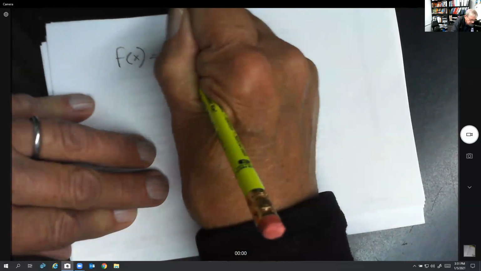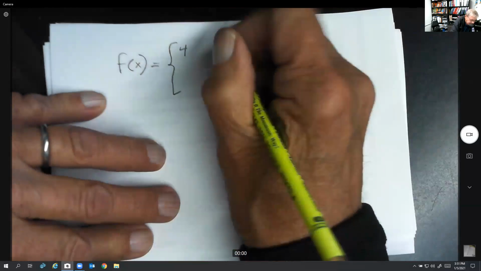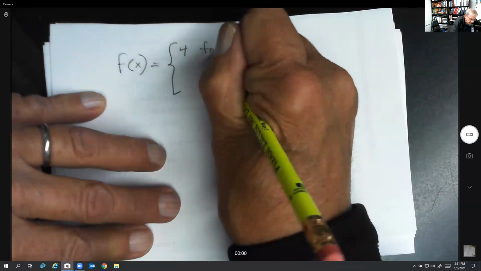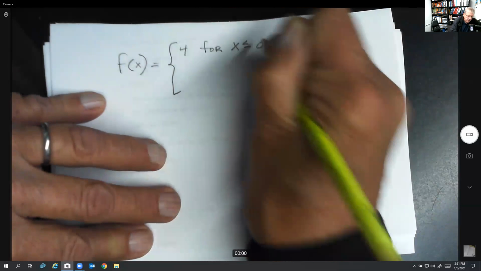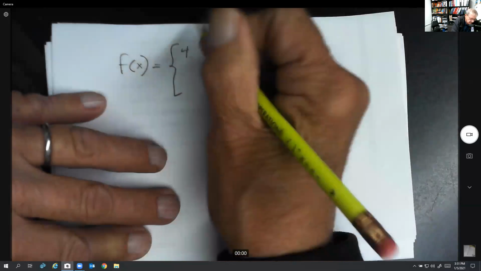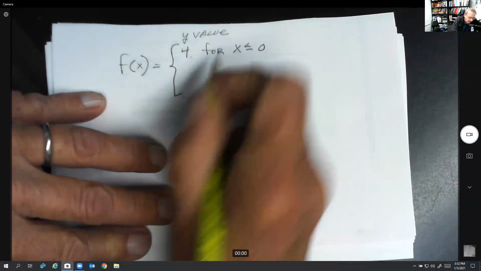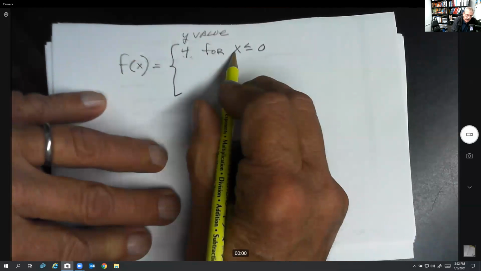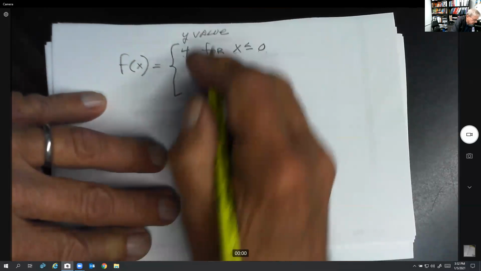This is what's going to happen if x is a number less than 0, which means when x is negative, y, this is your y value right here, the y value will always be 4. This is your x value, a number smaller than 0.